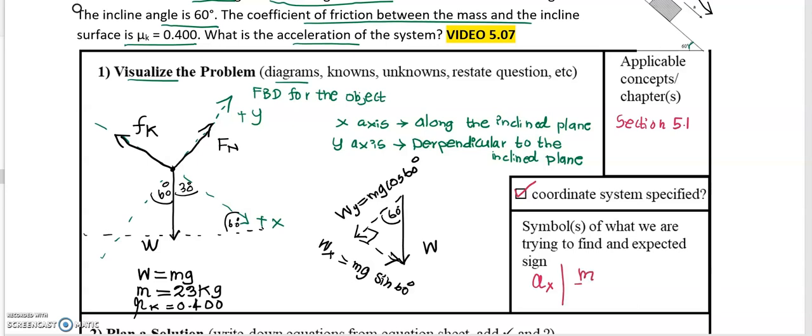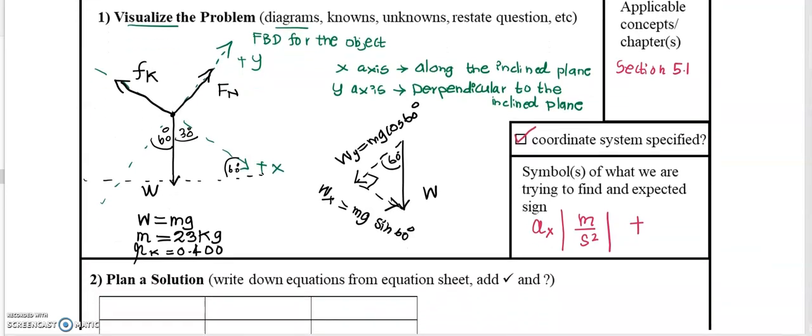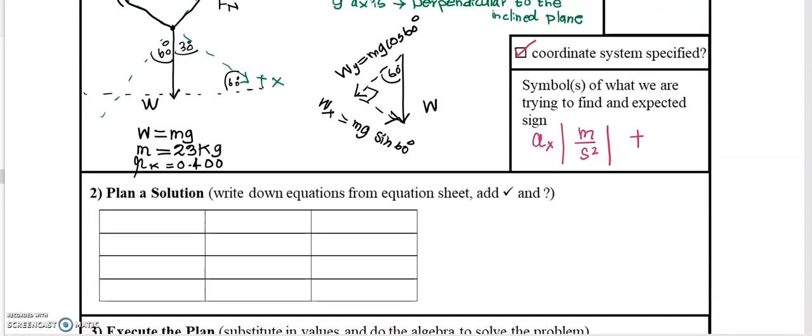And since the object is moving down the incline, we expect a positive sign for the acceleration based on our specified coordinate system. And now let's plan a solution. I'm going to plan my solution by looking at the x and y components of each force acting on the object.